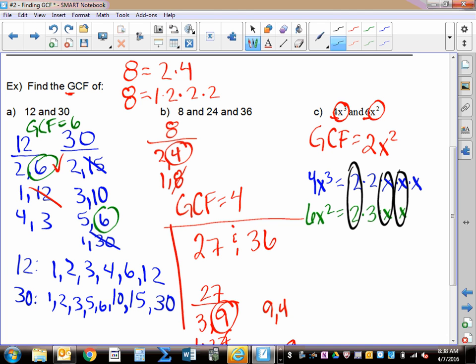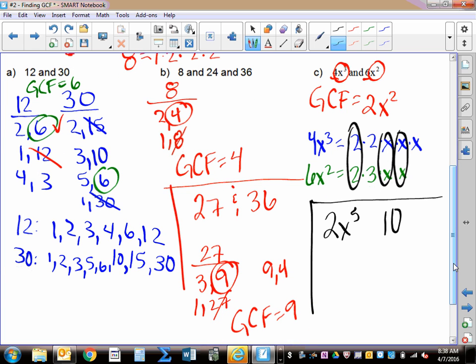So then let me ask you this. What if I asked you to find the GCF of 2x to the 5th and 10? Let's say I asked you for that. What is your GCF of 2 and 10? Does 2 go into 10? Yeah.